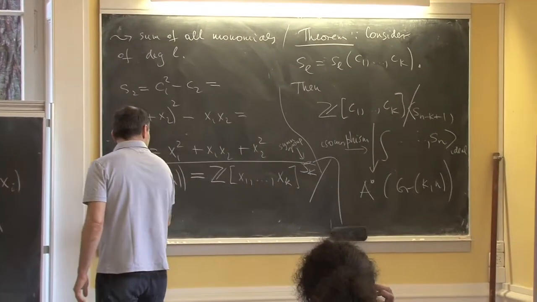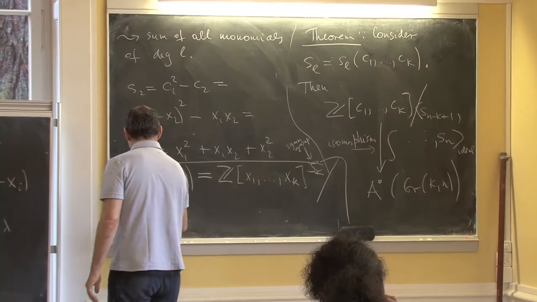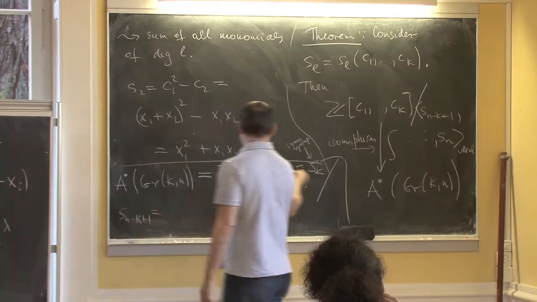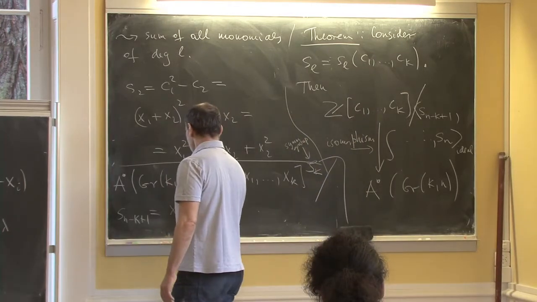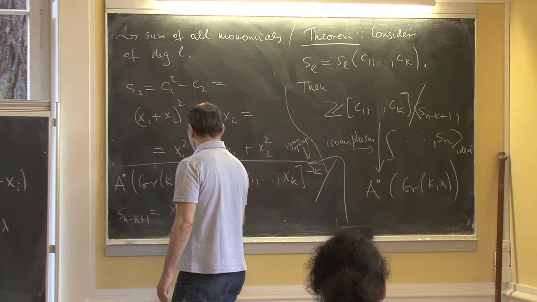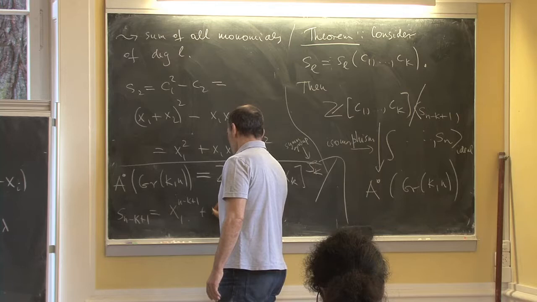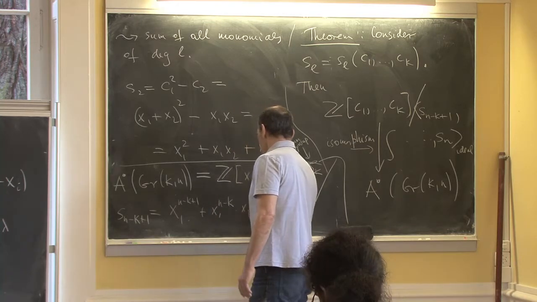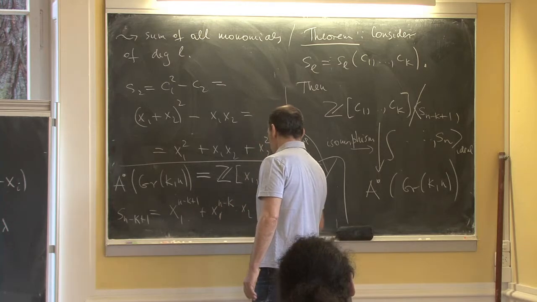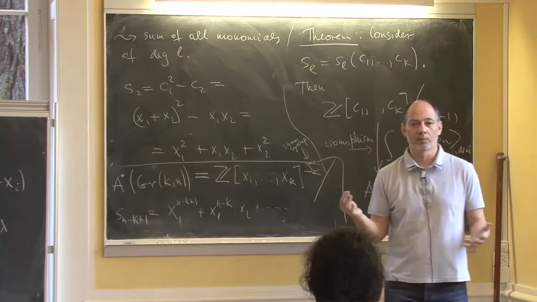So it starts with S_{n-k+1}, which is a concrete symmetric polynomial. That just starts with, say, x1 to the n minus k plus 1, plus x1 to the n minus k times x2, etc. You take all monomials whose total degree is n minus k plus 1, and you add them up.